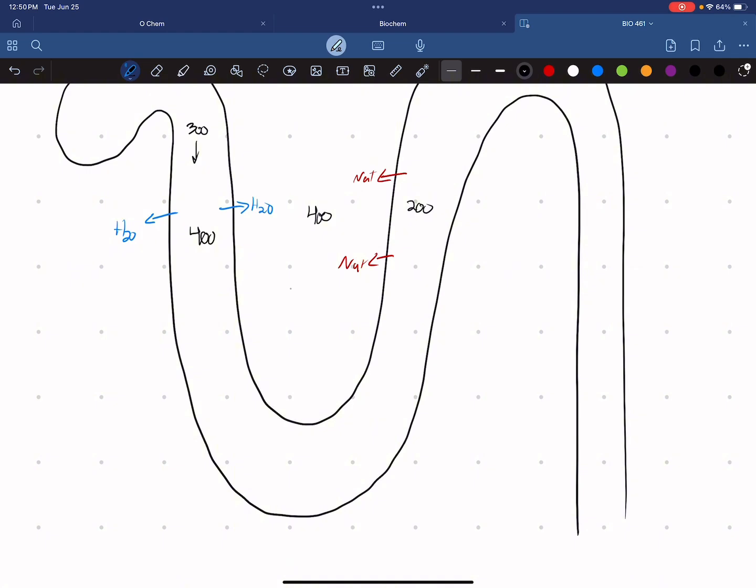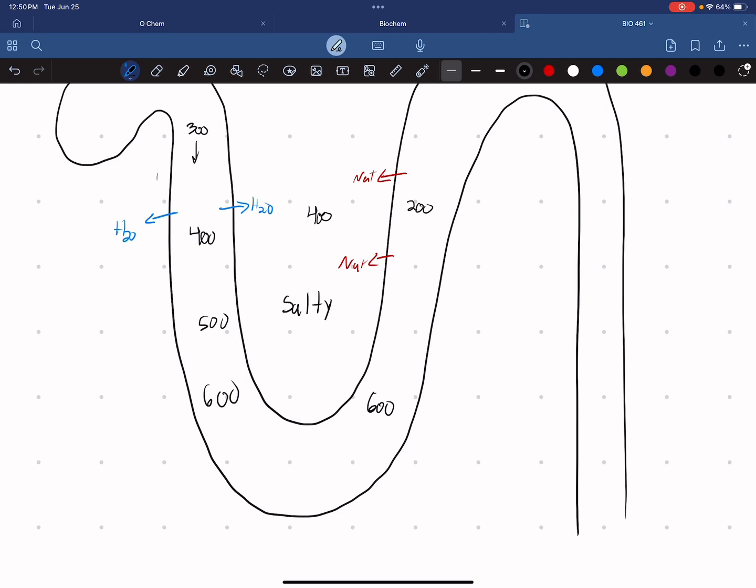So this space right here will be really, really salty because all of these solutes will leave, and we will establish a gradient where, as we go down the descending, we have an increasing gradient, and once we go up, we have a decreasing gradient.